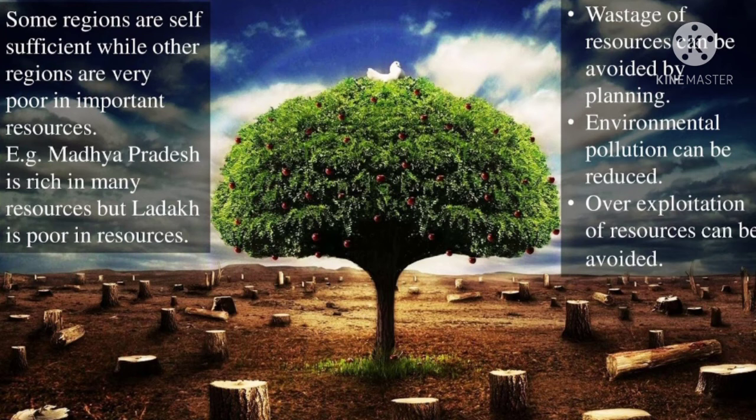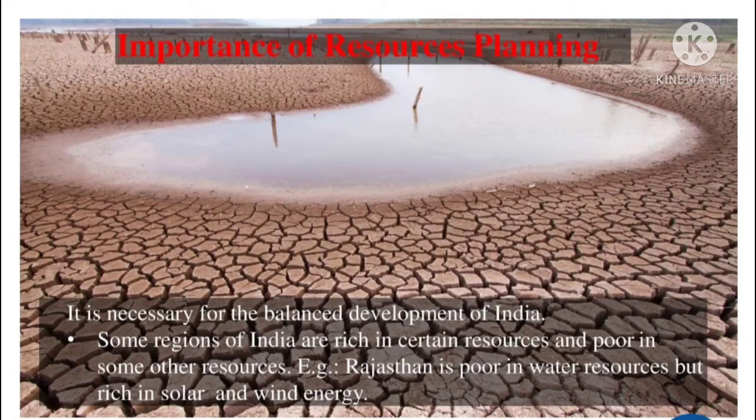Another reason why we should use our resources in a proper manner in a country like India is that resources are unequally distributed, as we all know, and the states where one resource is in abundance can over-exploit those resources, which leads to pollution or environmental imbalance.